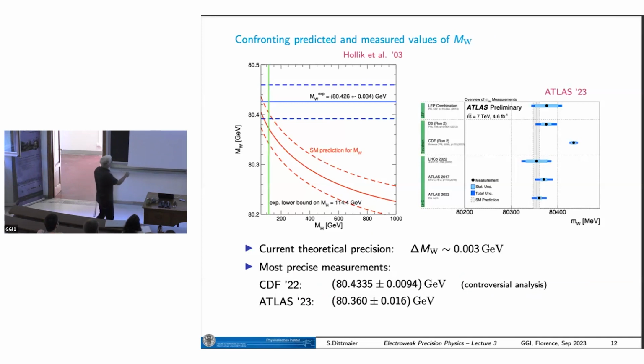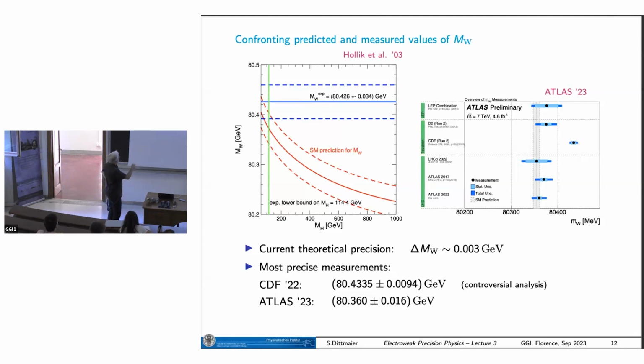So what people did already 20 years ago or so is just to make a prediction of the W boson mass, for example in dependence of the Higgs mass and also the top, but the top quark mass was already fixed at that time to an experimental value. And what you see is a standard model prediction in red for MW. Just this band here, you see a logarithmic dependence on the Higgs mass, and the rest is parametric uncertainty here.